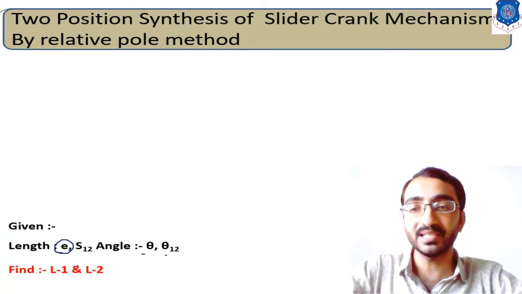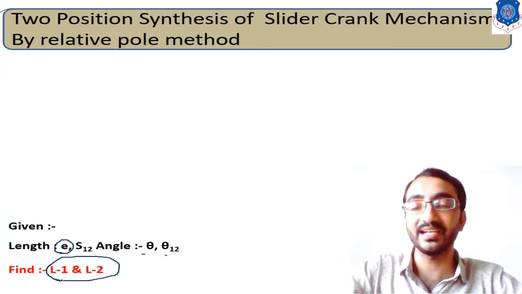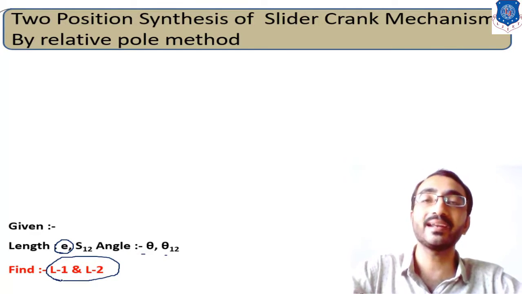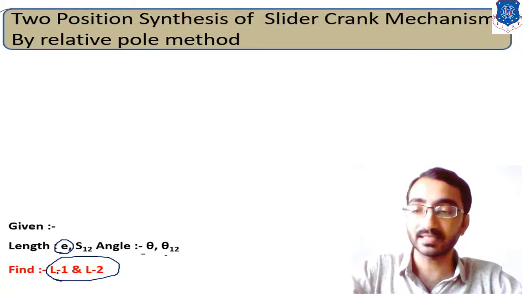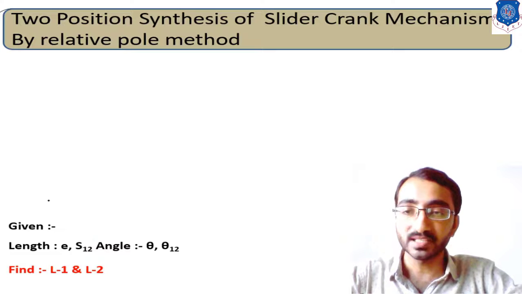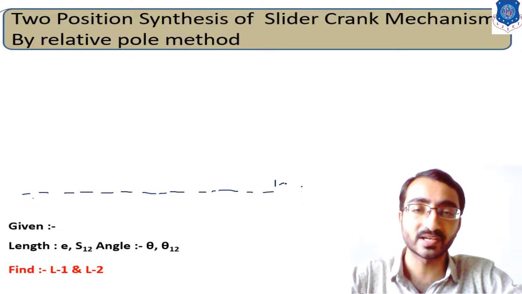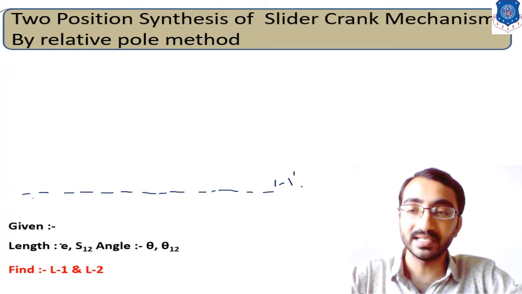With the help of this data we have to calculate the length of link 1 and 2, or the length of the crank and connecting rod. So let's start this numerical. First we have to sketch two lines; let's consider this one as line number 1, with notation 1 1 dash, which represents the position of the crank.